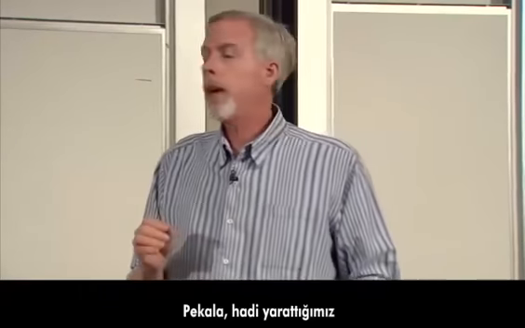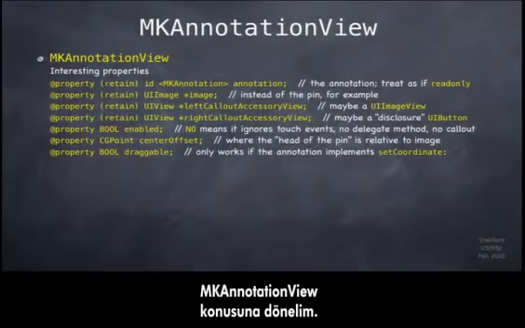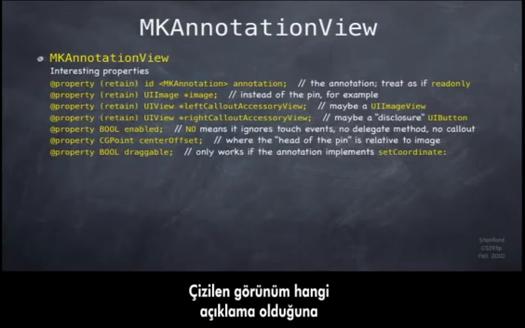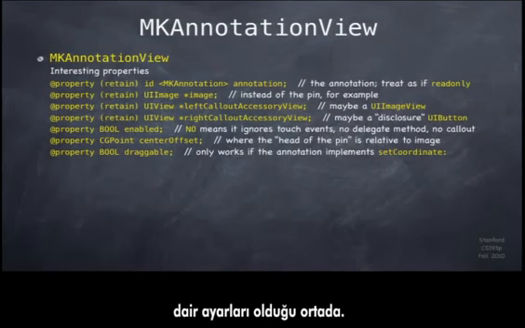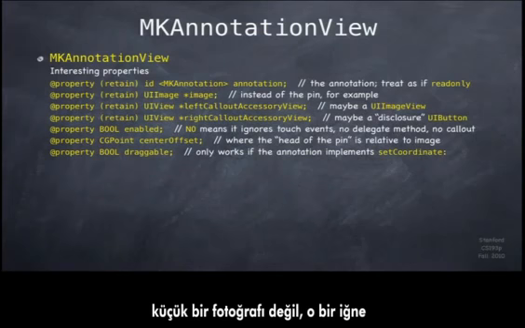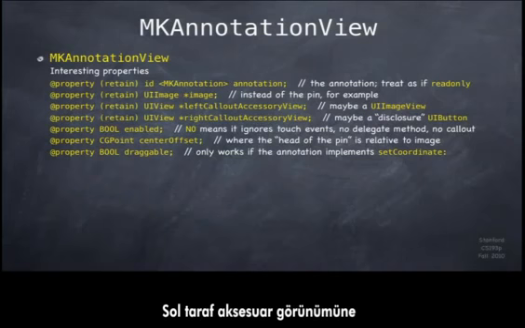Okay, so let's talk about MKAnnotationView, these views that you create. Its properties, it obviously has a property which is the annotation that the view is drawing. It also has a property image. That is not the little picture of Memorial Church on the left. That's the pin. Okay, that's the image that's going to show where the pin would go. Left callout accessory view, that's the view that you'd probably set maybe to an image view, and that would be your Stanford church picture.